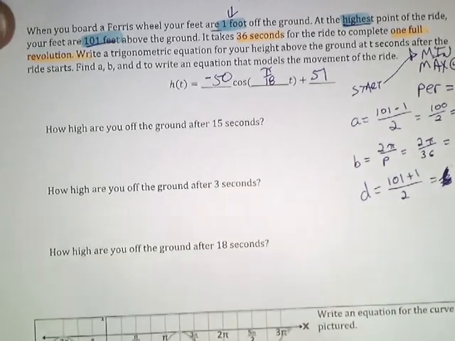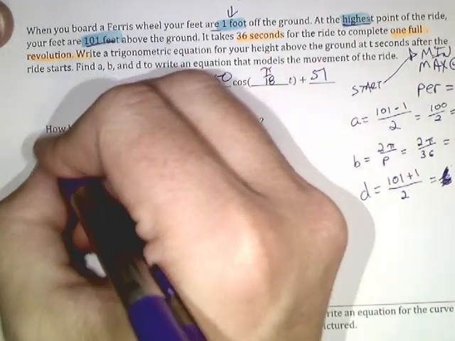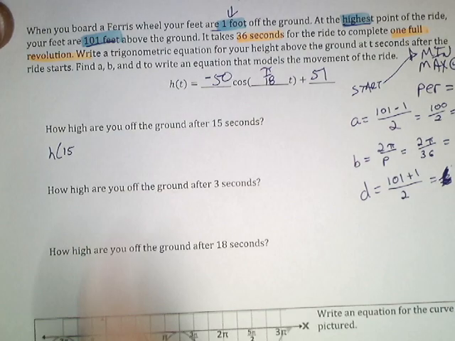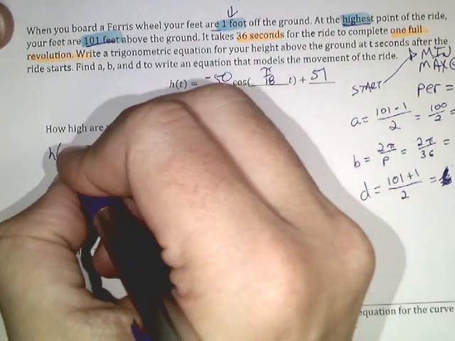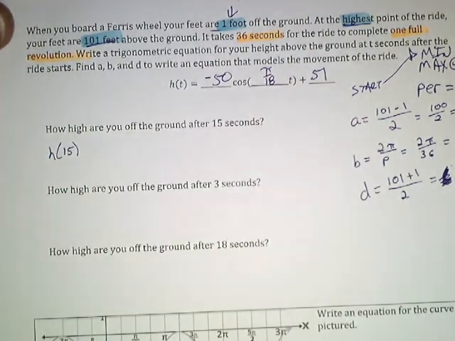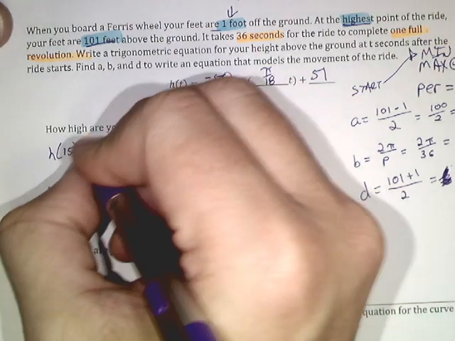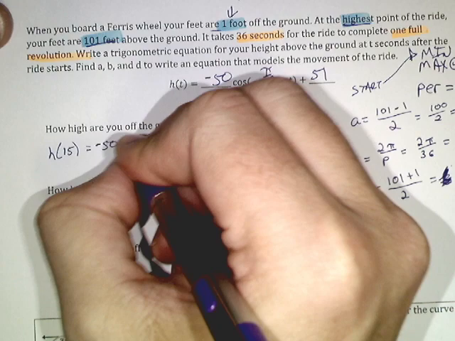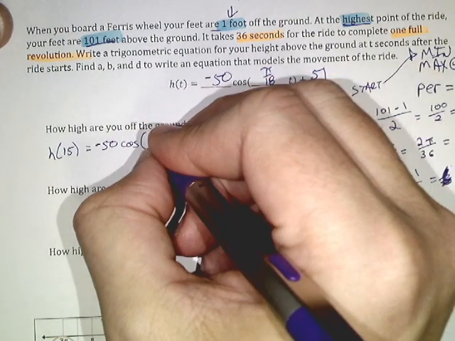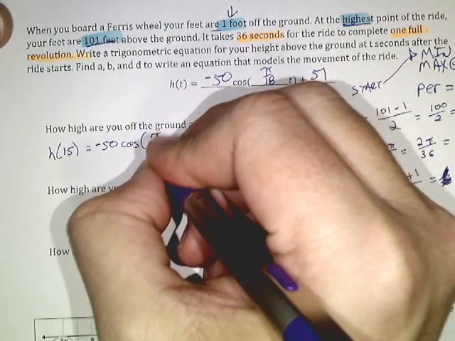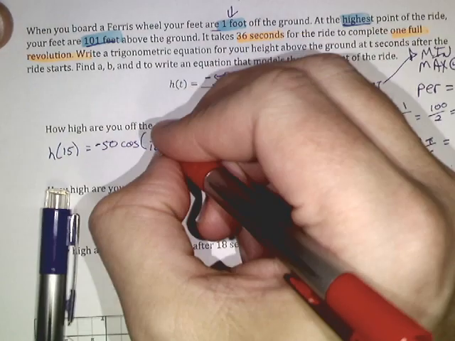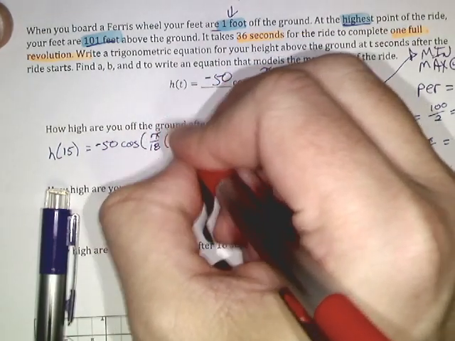Okay, let's see how well I made this to see if all these numbers work out nice and pretty. h of 15. How high are we off the ground after 15 seconds? So when t is equal to 15, we want to find h of 15. Negative 50 cosine of pi over 18 times 15, plus 51. Hopefully these will come out nice and pretty.